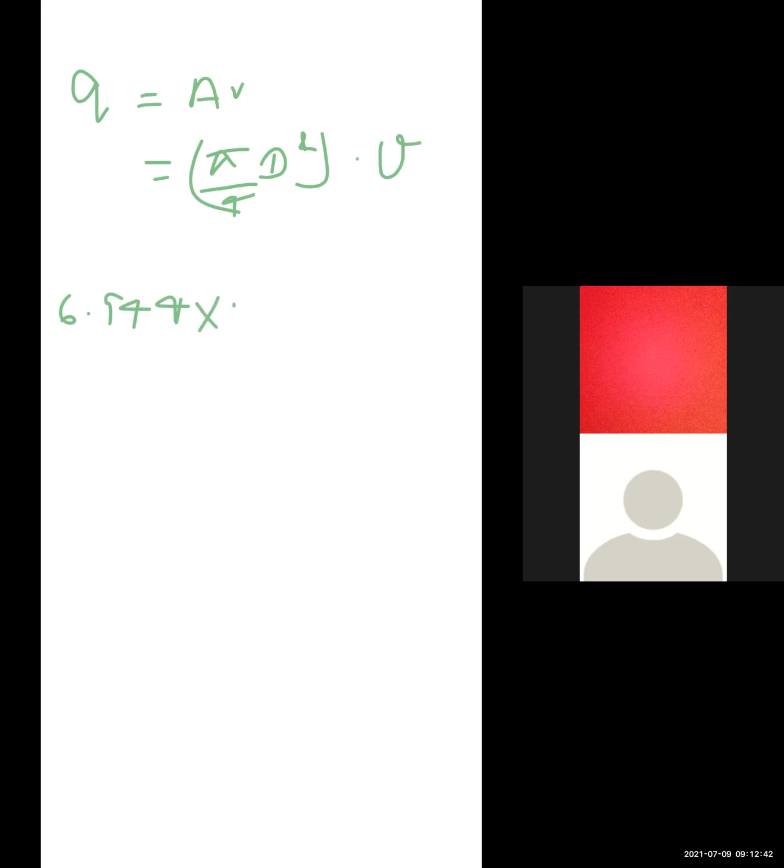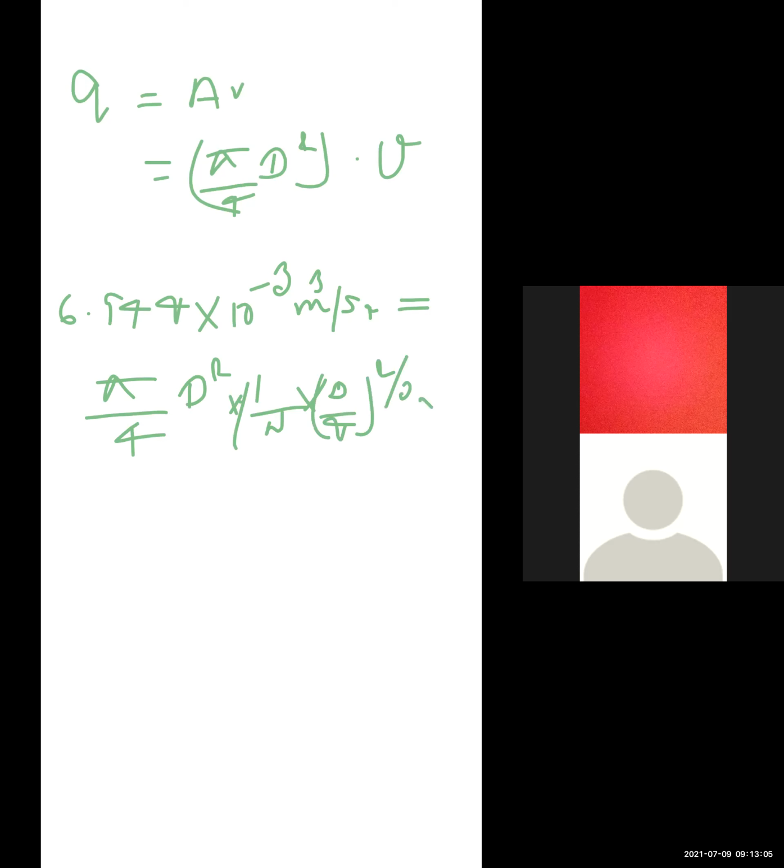So the Q value calculated is 6.944 into 10 to the power minus 3 meter cube per second, equal to pi by 4 d square into 1 by n into d by 4 to the power 2 by 3 into S naught to the power 1 by 2.